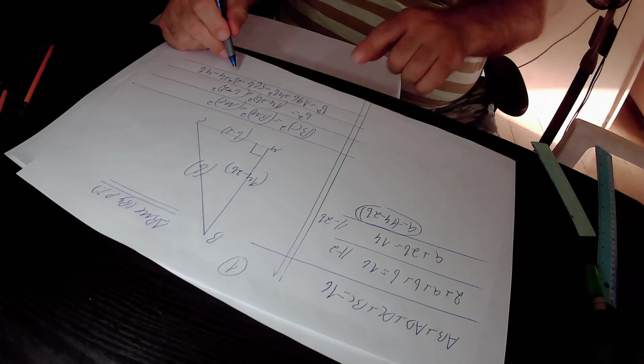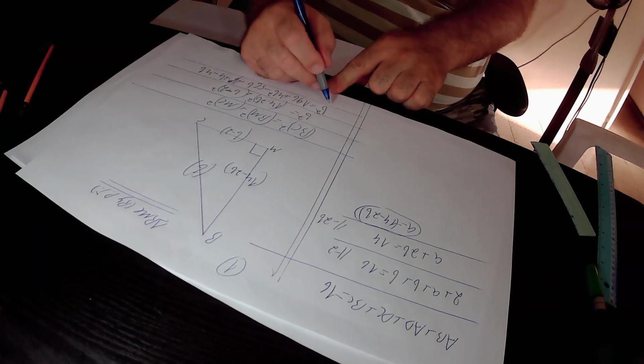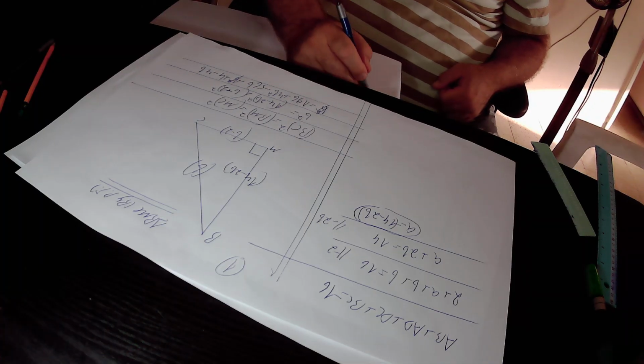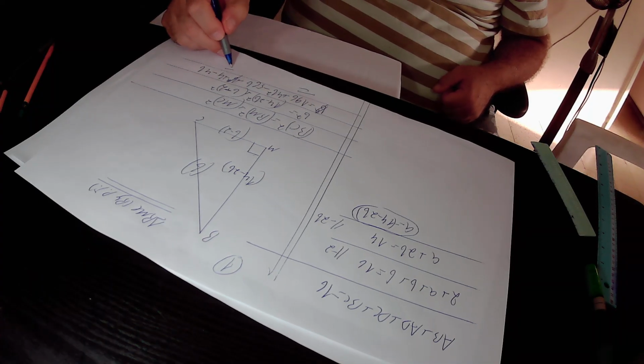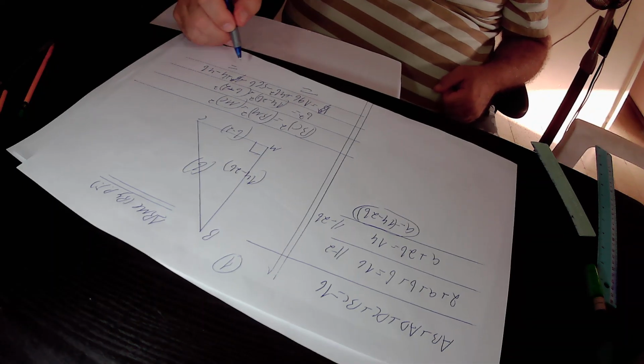Here we have b squared on both sides of the equation, so b squared gets cancelled. On this side of the equation we are left with nothing, that is to say 0. On the other side we have 196 plus 4, that is 200. We have minus 56b minus 4b, which is minus 60b.